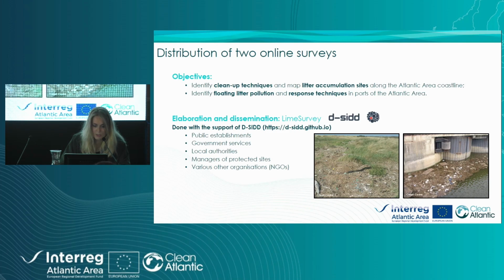We targeted the public establishments, the government services, the local authorities, managers of protected sites, and various other organizations like NGOs. The surveys were translated and disseminated in the 5 partner countries with the help of the CleanAtlantic partners. So thank you for that.